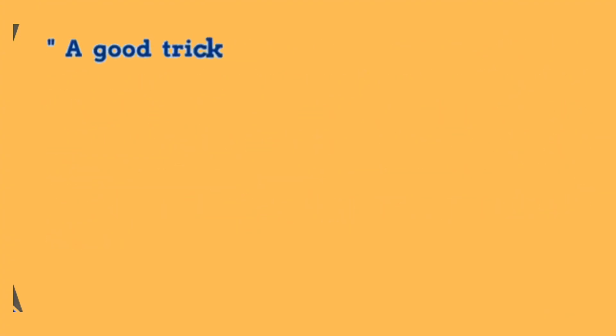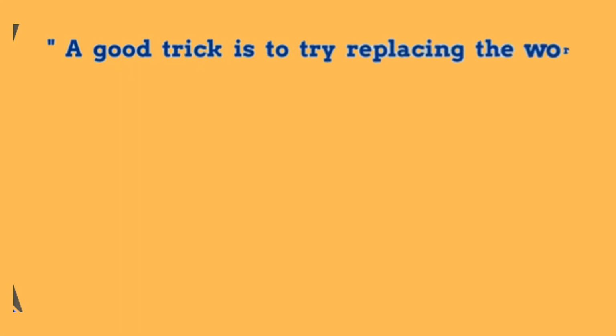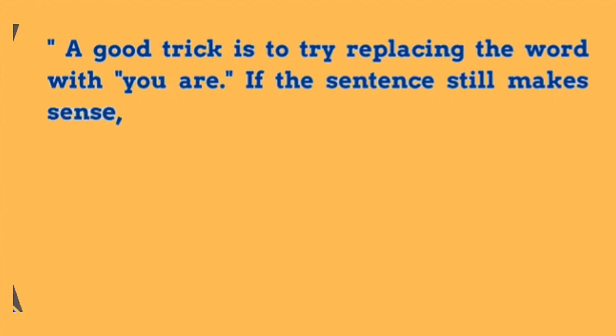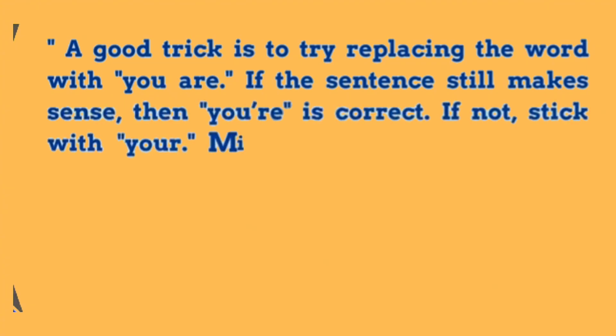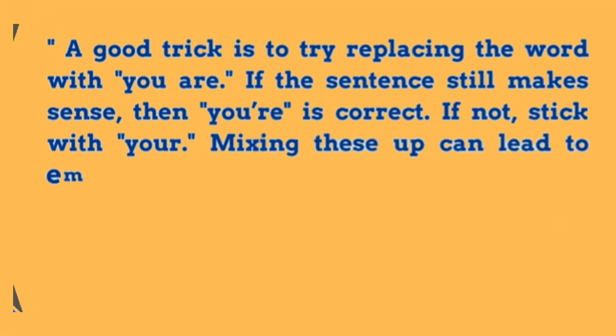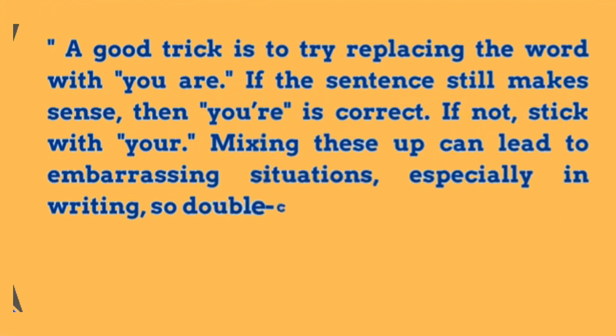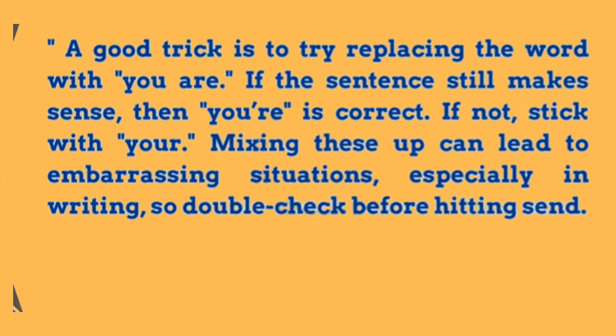A good trick is to try replacing the word with you are. If the sentence still makes sense, then you're is correct. If not, stick with your. Mixing these up can lead to embarrassing situations, especially in writing, so double-check before hitting send.